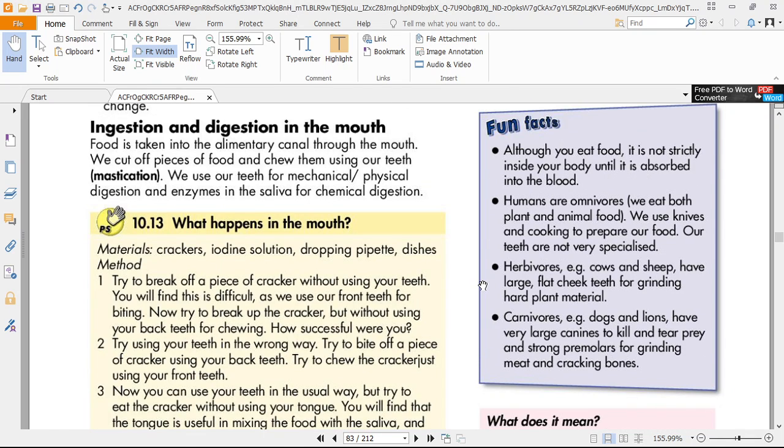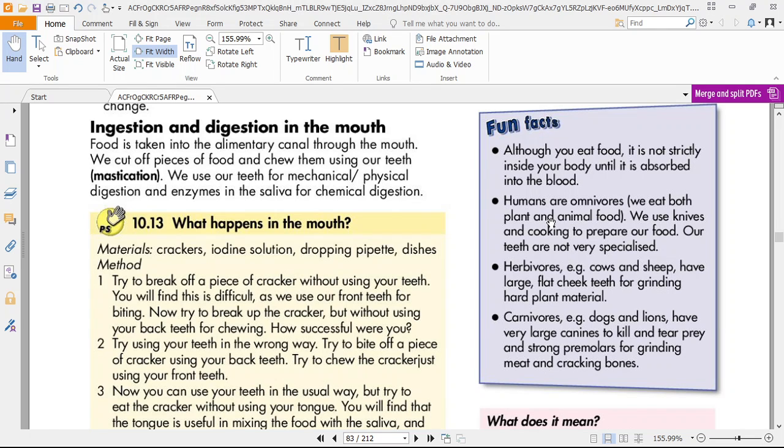Now, although you eat food, it is not strictly inside your body until it is absorbed into the blood. Please bear that in mind. Some fun facts right here. Humans are omnivores because we eat both plants and animals. We use knives and cooking to prepare our food, and our teeth are not very specialized compared to other animals, like the shark that has very sharp pointed teeth for tearing meat.